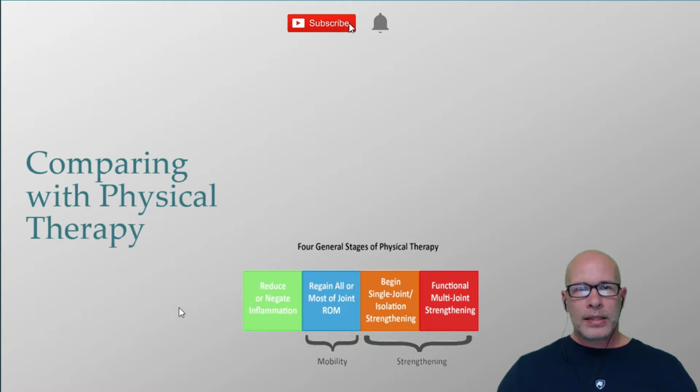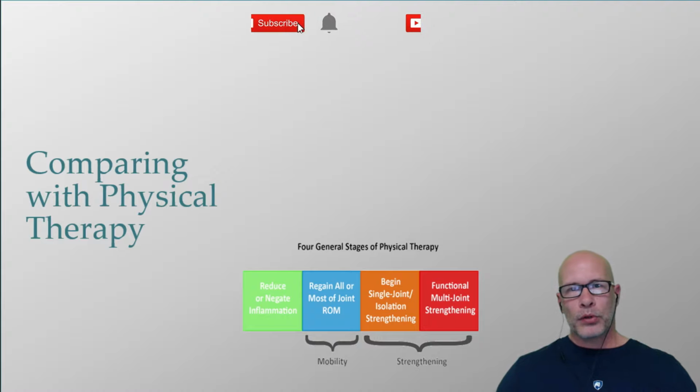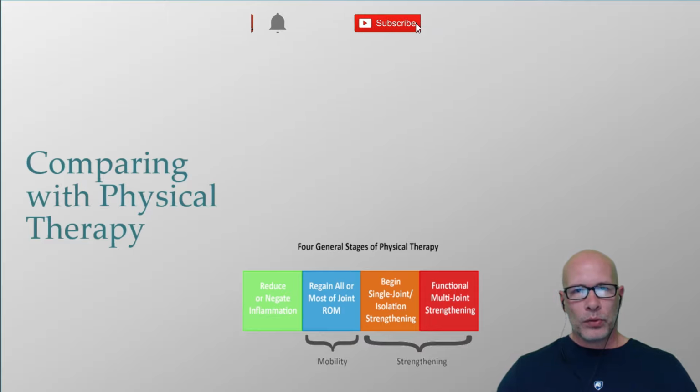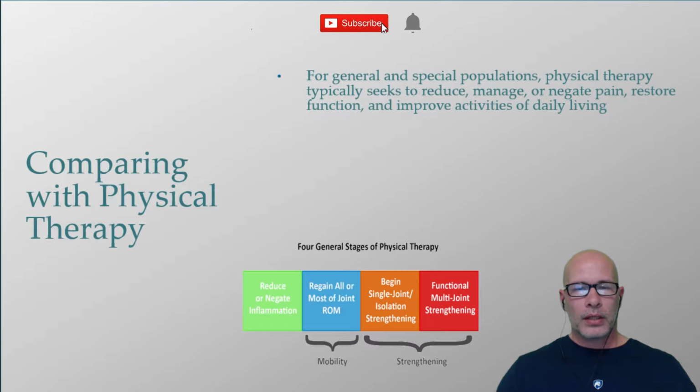So I use the last slide as a way to show similarities between physical therapy and how I go about designing programs for post-rehab and medical fitness. In this last slide, I'm going to show a couple differences between physical therapy and medical fitness. This is from an APTA definition, American Physical Therapy Association. I totally would admit that it's very general.